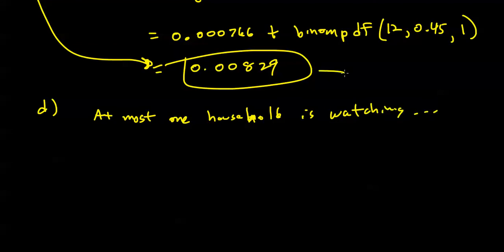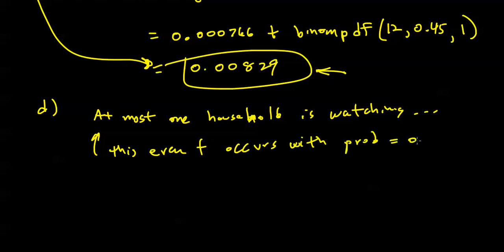As we've determined, that happens with a pretty small probability. This event occurs with a rather low probability of 0.00829, certainly less than our 5% or 0.05 milestone. This suggests that something may be wrong in the assumptions for this problem.